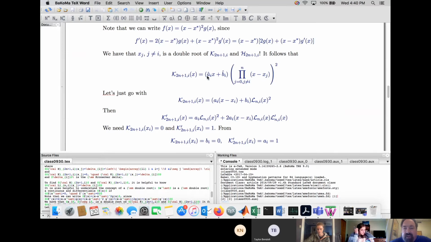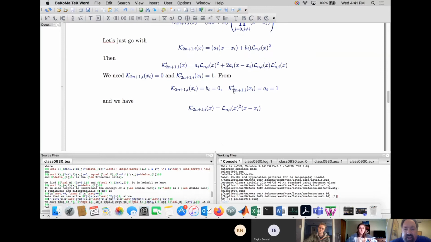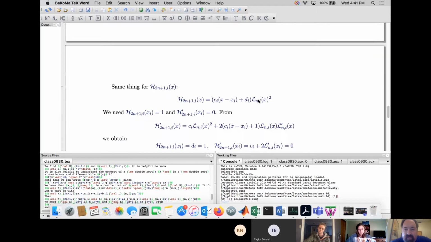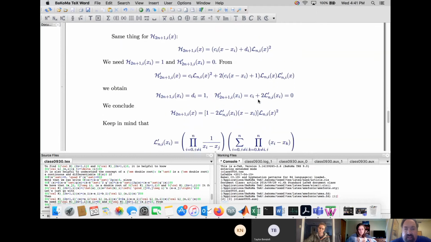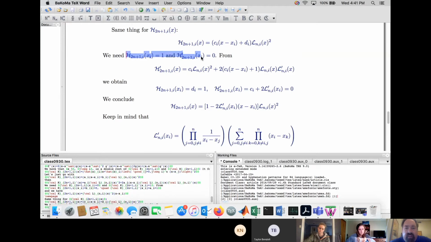That's most of it. To figure out the rest, we need degree 2n+1, but this is only degree 2n. We add a factor of degree 1 and use the conditions that are satisfied at xi for the k's and the h's to figure out the remaining coefficients.